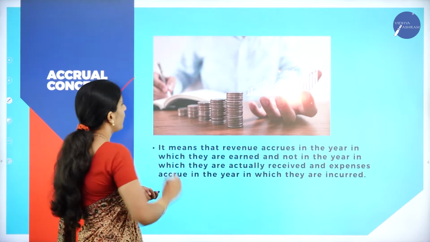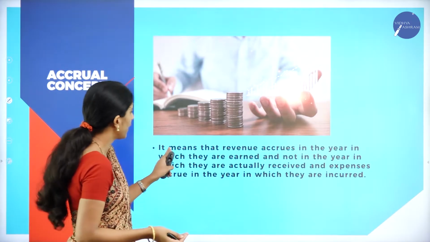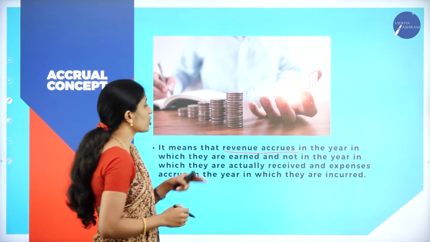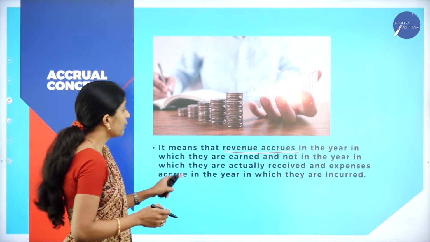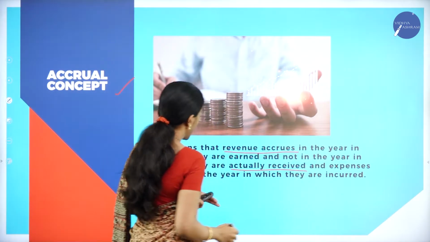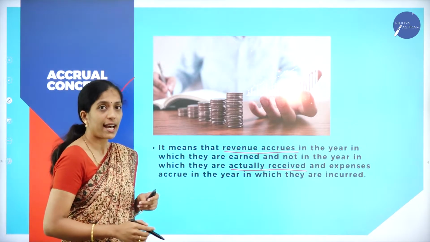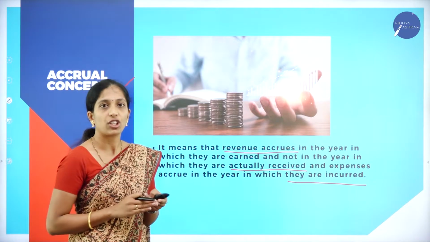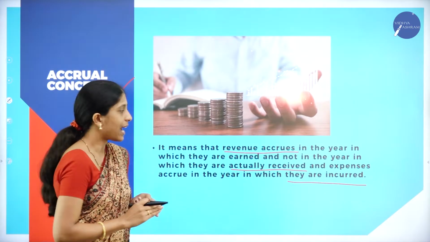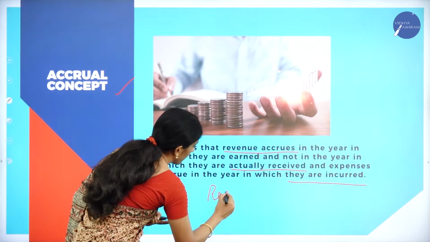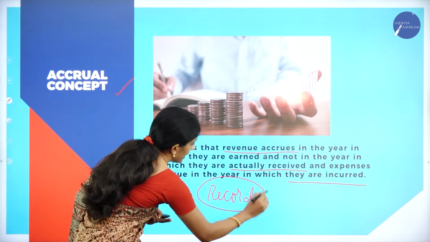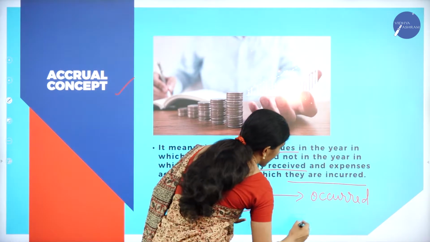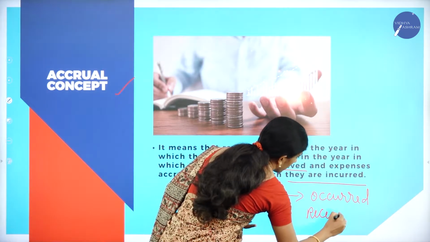Next is the accrual concept. What do we mean by the accrual concept? It means that revenue accrues in the year in which it is earned and not in the year in which it is actually received, and expenses accrue in the year in which they are incurred. So this is also a combination of the revenue recognition concept. We record the transaction when it actually occurs and not when it is actually received or paid.